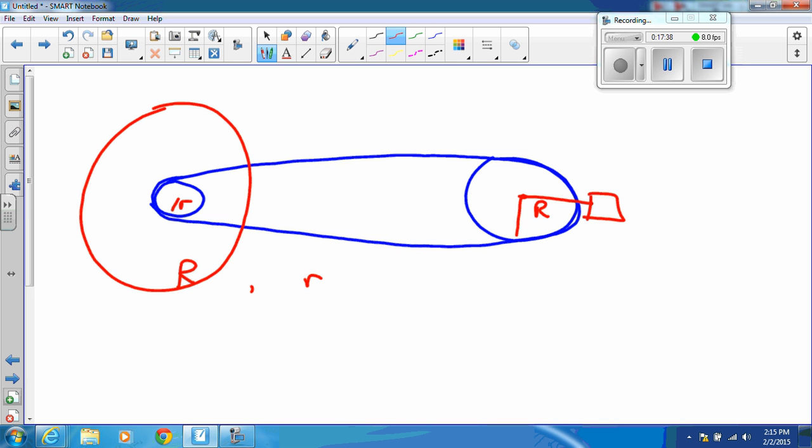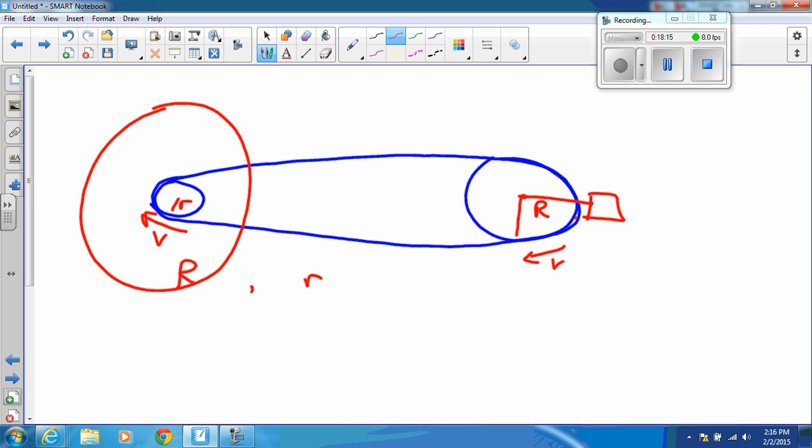Now, here's what happens. We're going to rely on two things that don't change. The first thing that does not change is the length of the chain. The chain length is exactly the same as it goes around. Because of that, the speed of the chain here and the speed of the chain here, and I'm talking about the linear speed of the chain, the amount of chain that goes past the sprocket, has to be the same for both sprockets, because the length of the chain doesn't change.